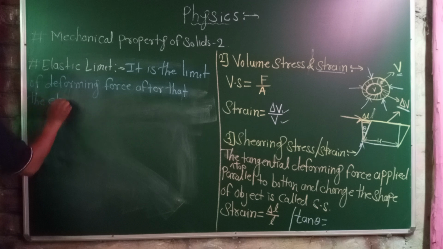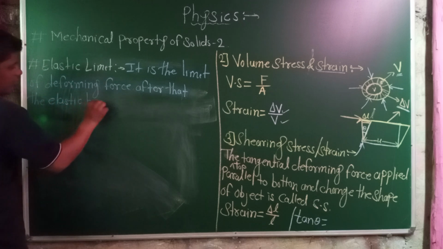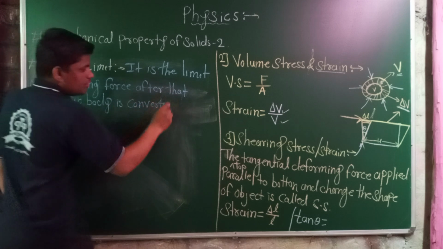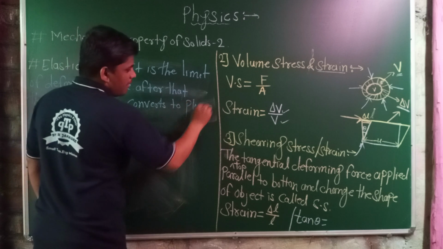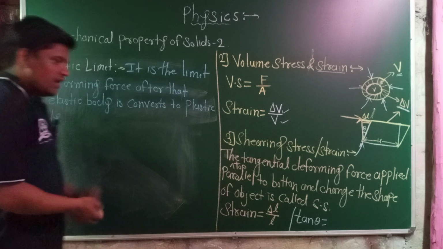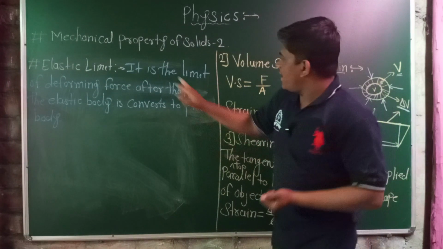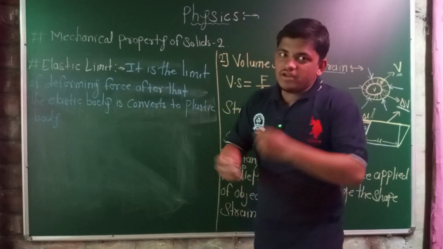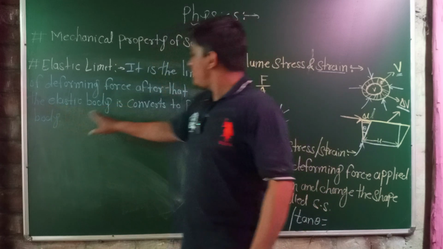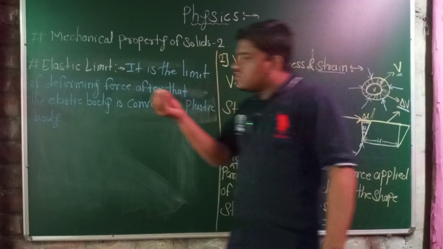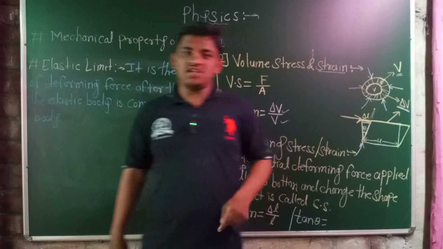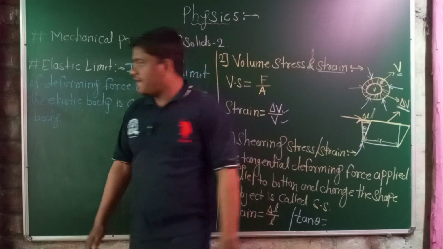After we apply a deforming force beyond that limit, the elastic body is converted to a plastic body, or the rubber band takes a permanent deformation. It will break, and there will be continuous or permanent changes in its length also.